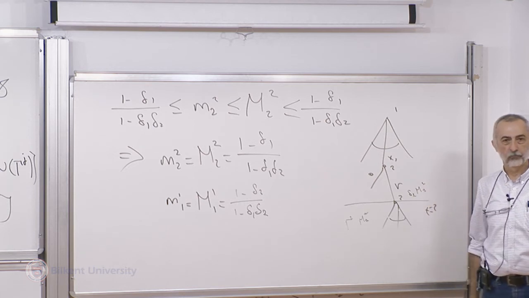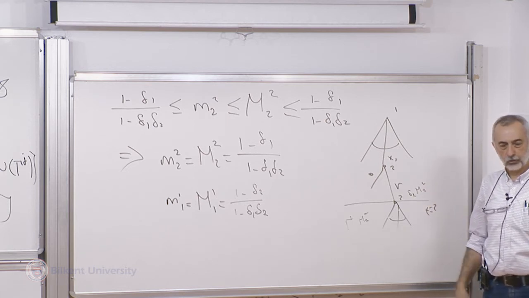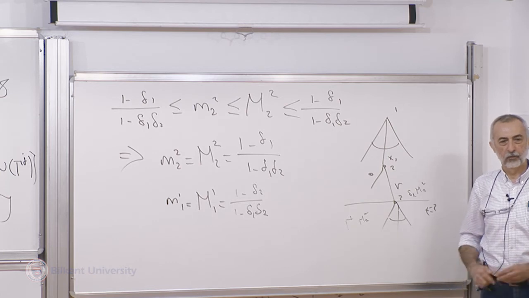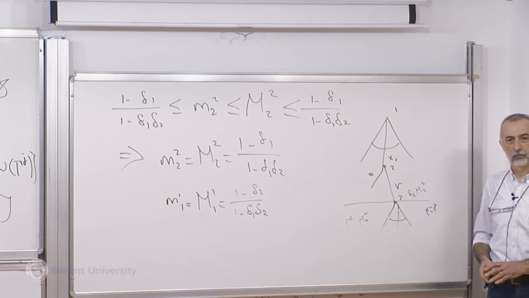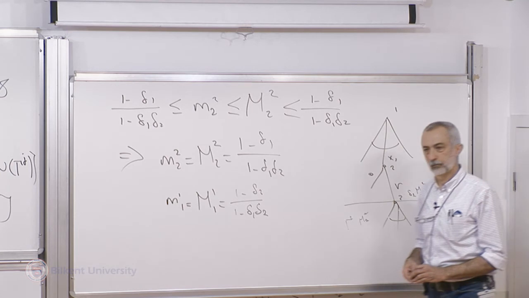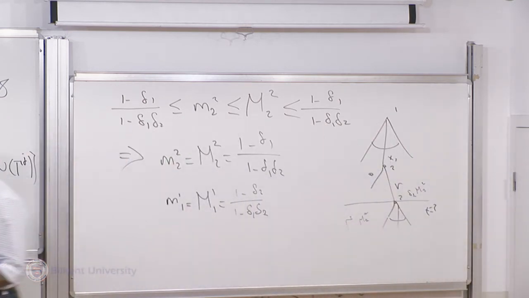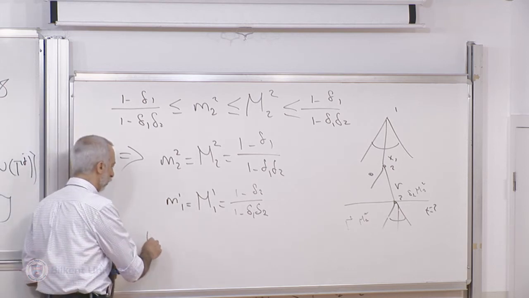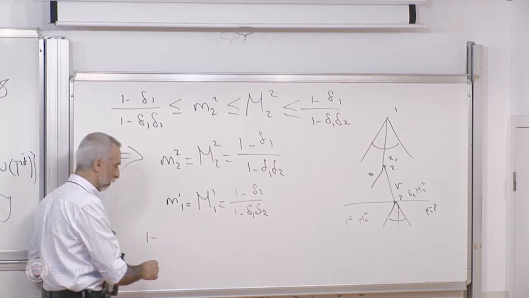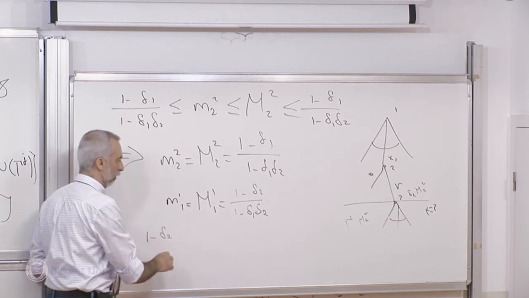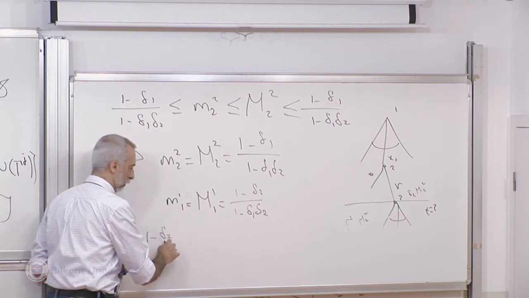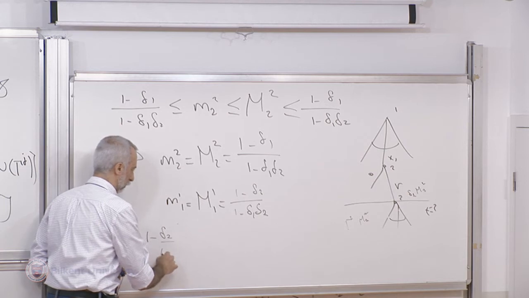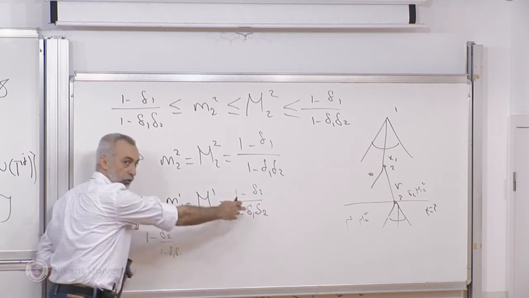So what's the conclusion that you get from there? The payoff of player 1 will be 1 minus delta 2 over 1 minus delta 1 delta 2. No, the whole expression, this thing.